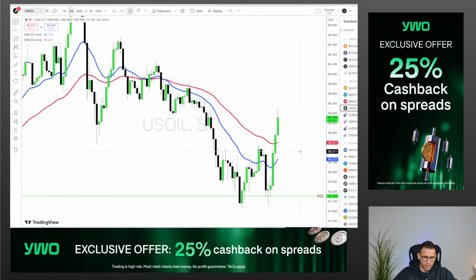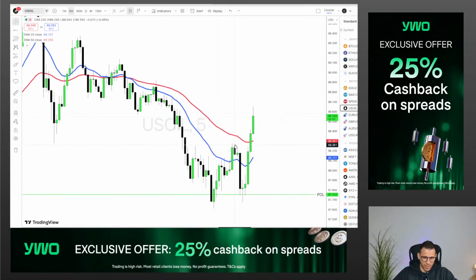From this 5-minute chart, what I see is that the market made the first higher high, followed by a nice, strong, impulsive move to the upside.